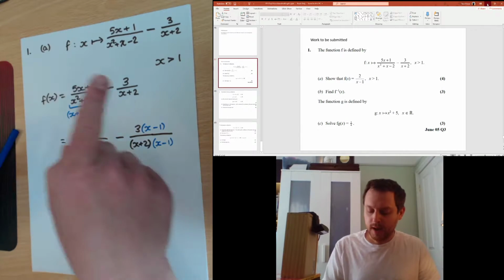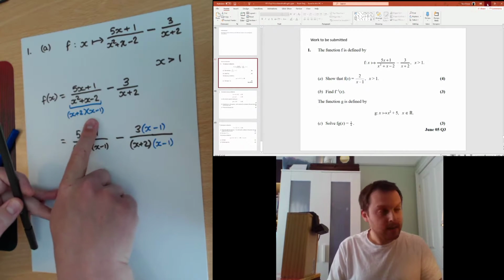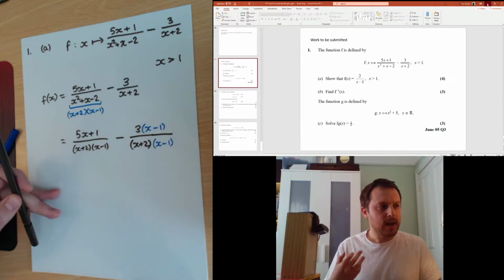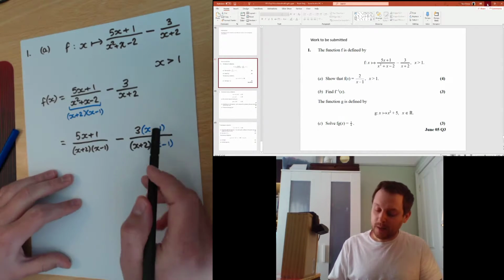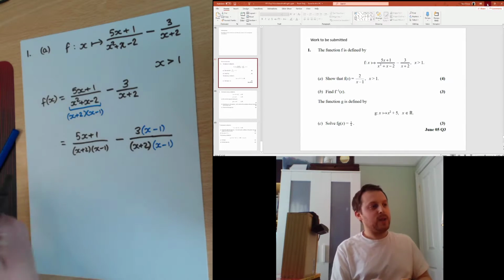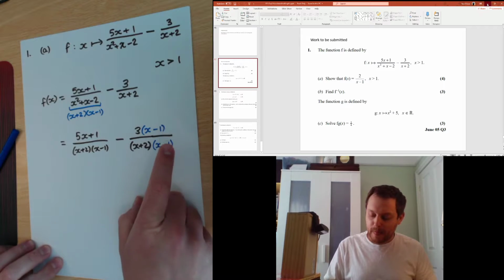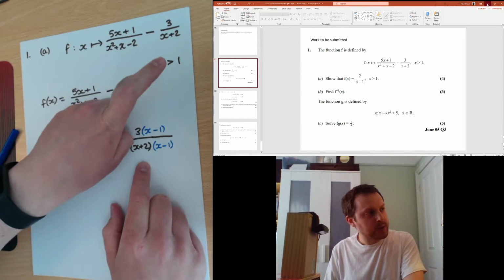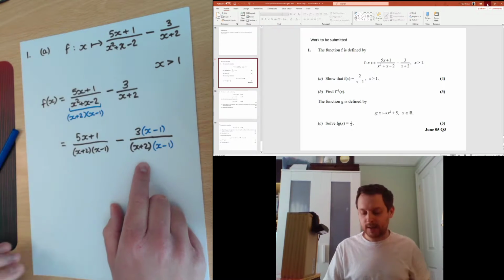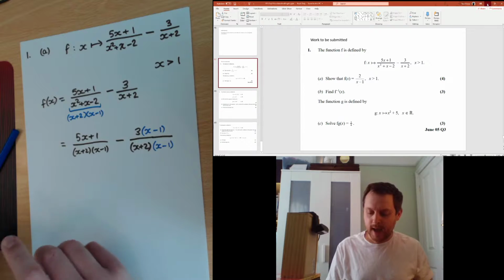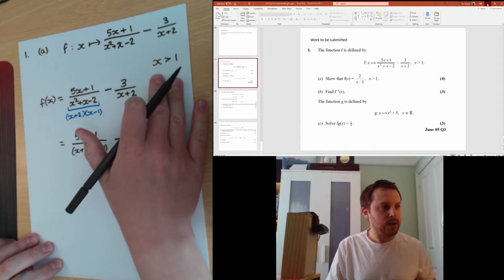Now, we've also got x minus 1. If x was 1, I would be dividing by 0, and if I'm timesing top and bottom by 0, I can't do that to a fraction. So I'm allowed to do this, there's no problems, specifically because x is greater than 1. And while that might seem a bit pedantic, it is actually quite important to take note of that.